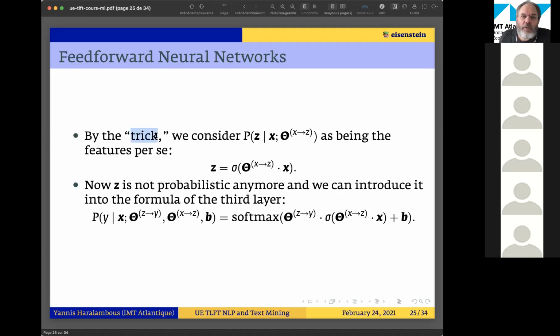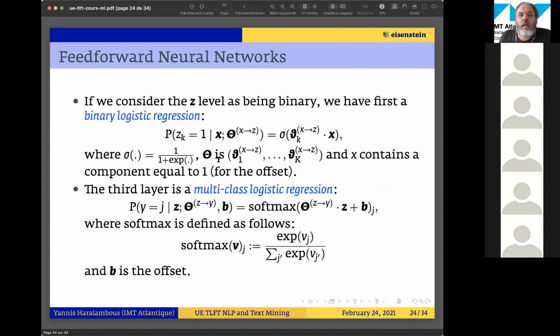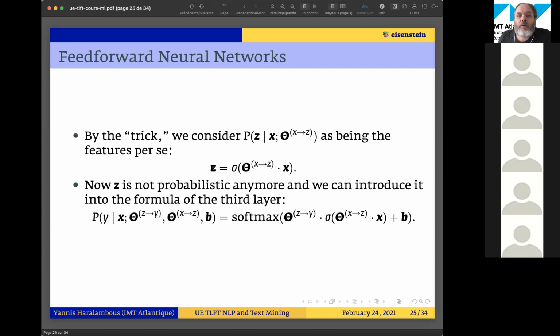The trick I mentioned is, instead of taking this conditional probability as a probabilistic model, to say that Z is what we got from the first layer.